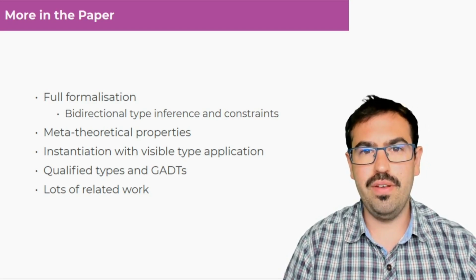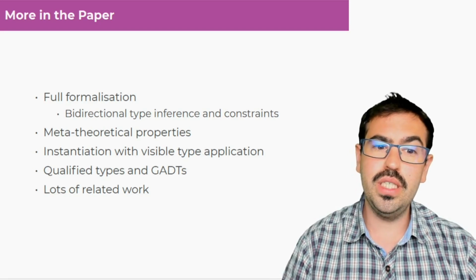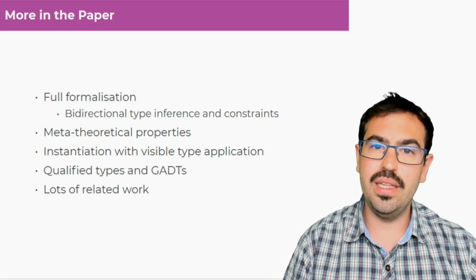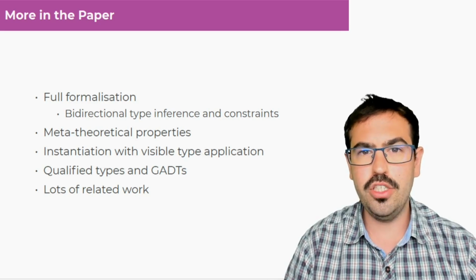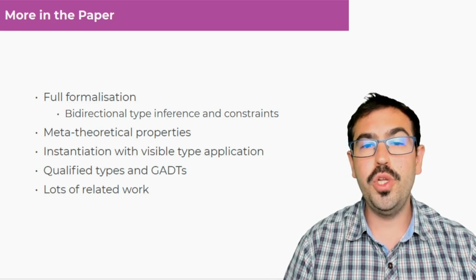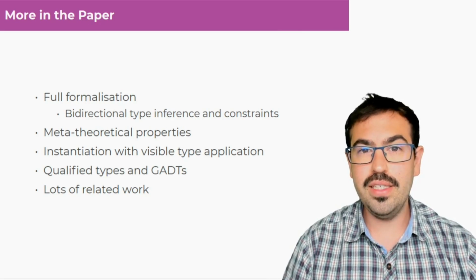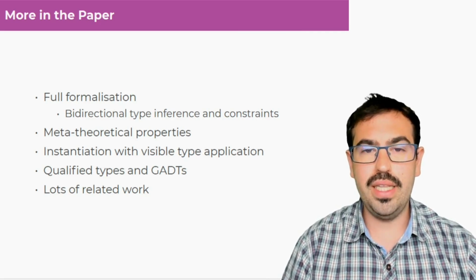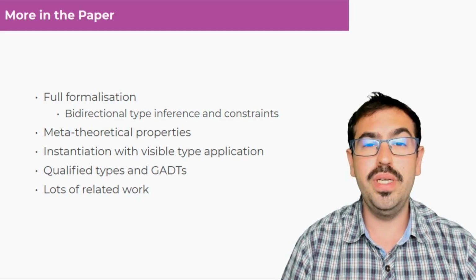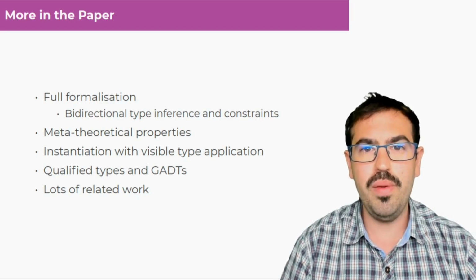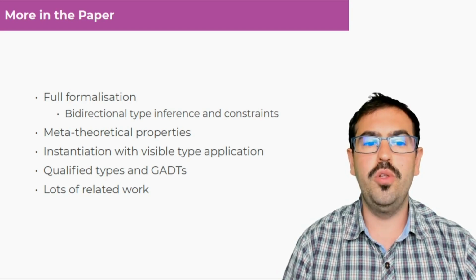Of course, we talk about meta-theoretical properties. Also, we talk about how we integrate Quick Look with visible type application, and the reason is that when Quick Look fails, the easiest way to tell the compiler what this instantiation should be is to use visible type application.